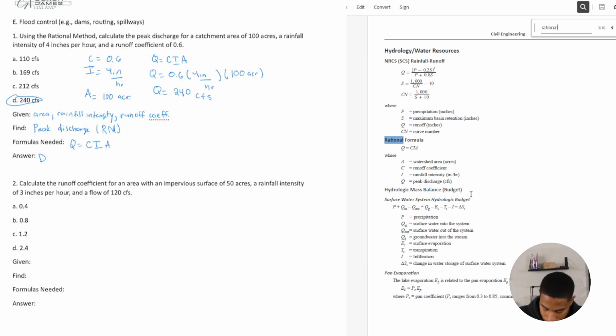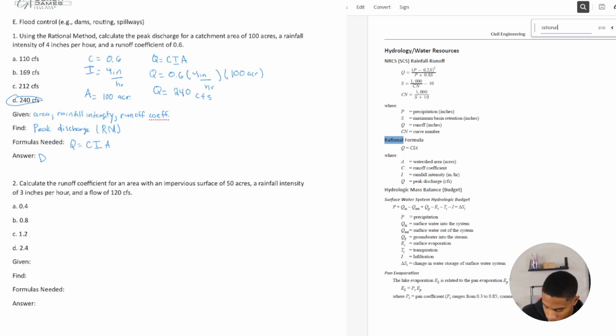Number two, calculate the runoff coefficient for an area with an impervious surface of 50 acres, rainfall intensity of 3 inches per hour, and a flow of 120 cubic feet per second. All right, let's write out what we're given.